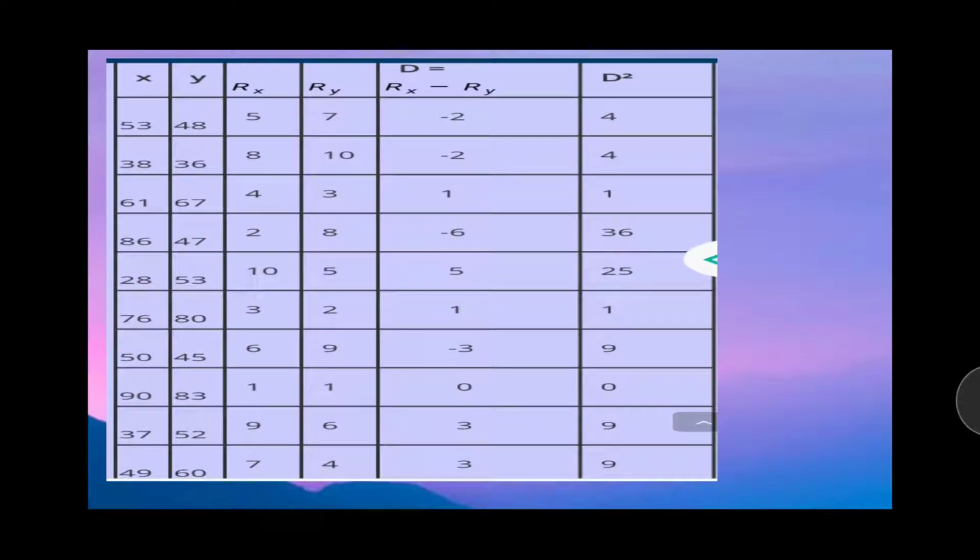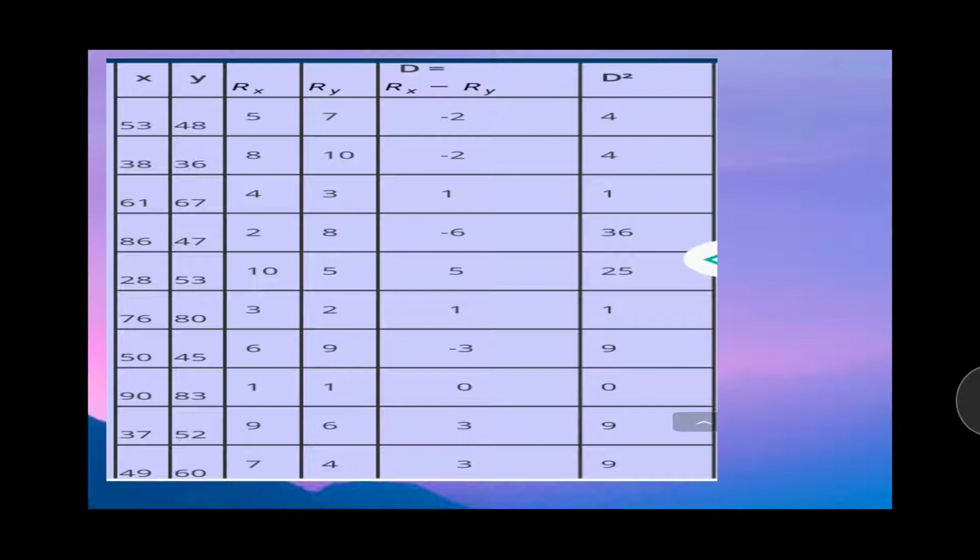All the variables that we have, the way we had it in that table, they are arranged: 53, all the X variables. That X variable, remember, is the mathematics score. And our Y variable is the physical chemistry scores. The third column, which is the Rx and Ry, those are the positions assigned to each of those data. 53 on the mathematics column was assigned 5, position 5. 38 was ranked 8, 61 was ranked 4, and so on and so forth.